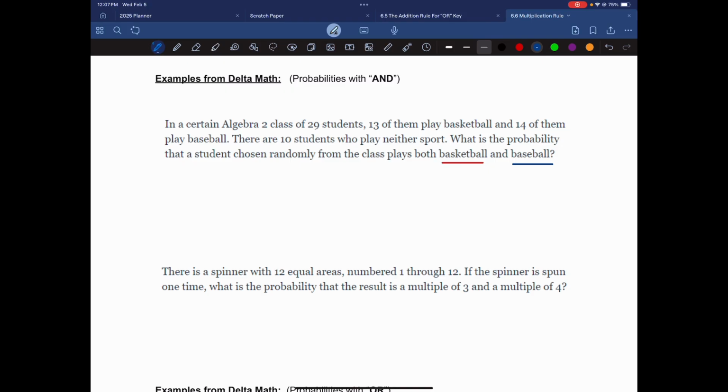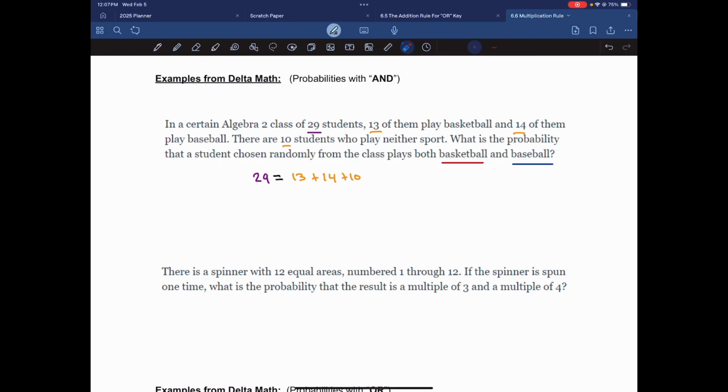Well, if you remember from last time's notes, I think it was the last question, we found how to find our overlap, right? So how we did that was we set 29, or our total amount, equal to all the other numbers added together. So 13 plus 14 plus 10.